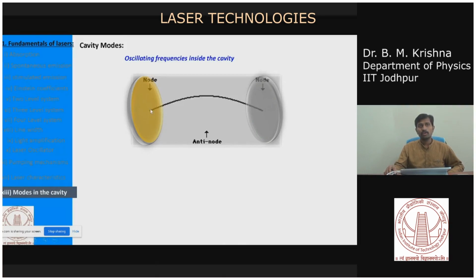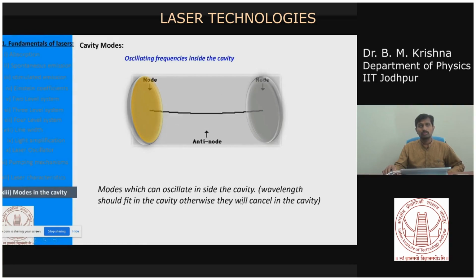Okay, so this is one of the modes. You can see the nodes will always form at the end mirrors, here and here, and then the antinodes. To have a mode sustain in the cavity, it has to fulfill this condition: the wavelength has to exactly fit in the cavity, otherwise the waves will cancel out.